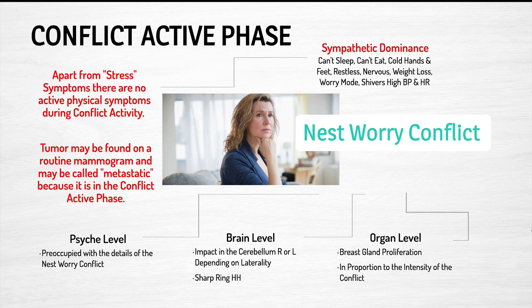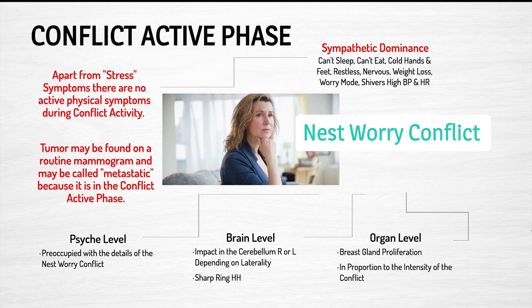Now, the tumor itself, or the breast gland proliferation, grows in proportion to the intensity of the conflict. So if it happened all of a sudden and it's a really intense conflict, the tumor will grow larger for that reason, because this person is in serious trouble, it's happening now, we need this additional breast milk.